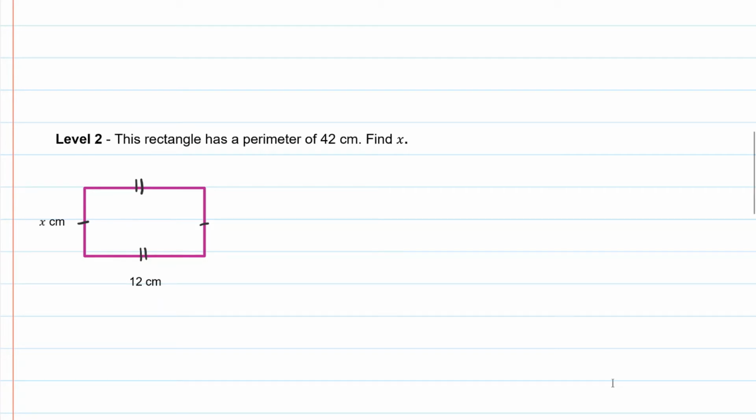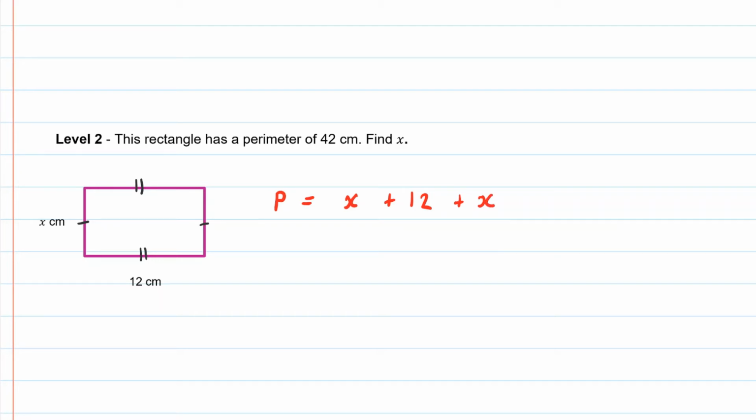So the way we're going to approach this is by saying, well, we know the perimeter is what we get when we add up all the sides, yeah? So let's just add them all up. We've got the x on the left, we've got the 12 on the bottom, then we've got the x on the right because it's a rectangle, so the heights are the same.